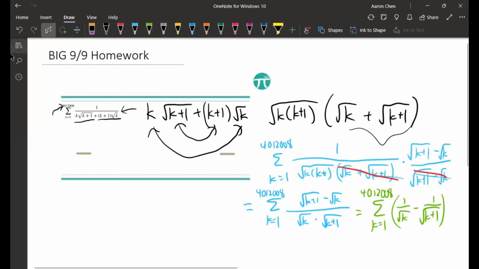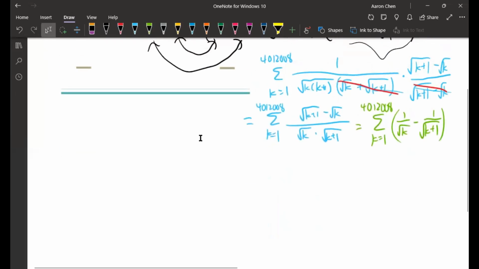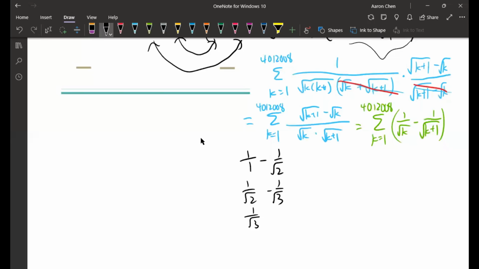And so you can see how to proceed from here and how they cancel, but if you don't, that's fine, because you can just write out the first few values and you can see. So it goes 1 over 1 minus 1 over root 2, 1 over root 2 minus 1 over root 3, 1 over root 3 minus 1 over root 4, and so on.